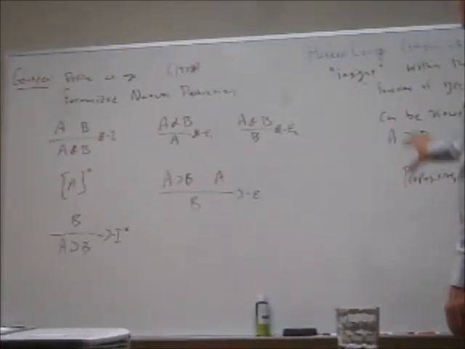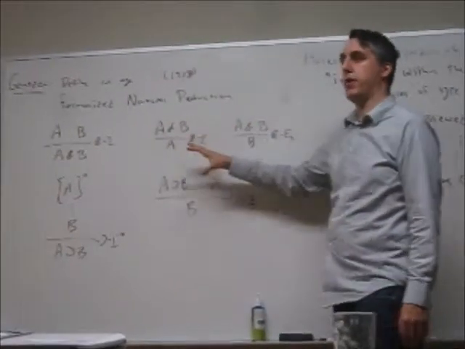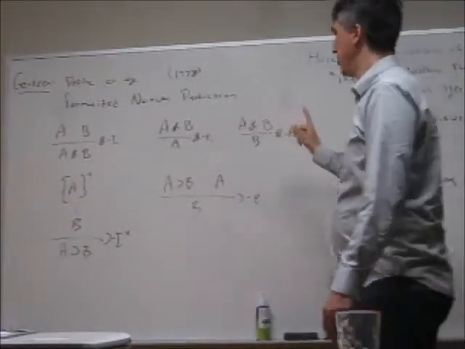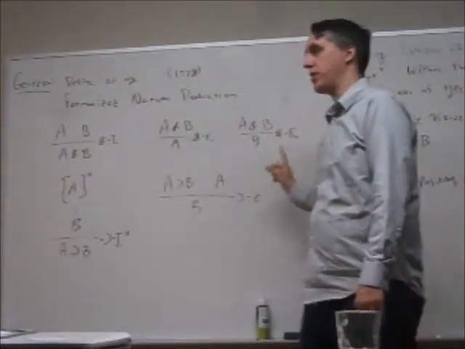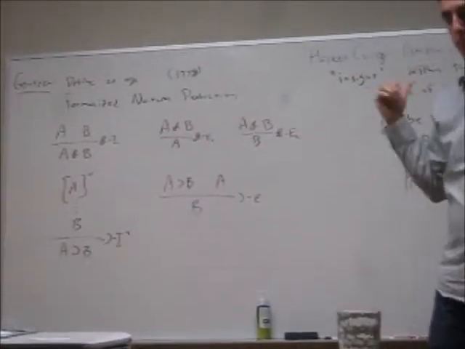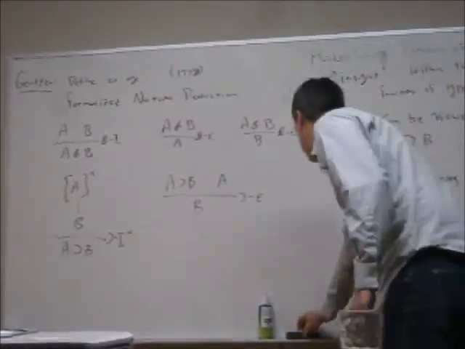So I don't know if Haskell Curry was reading Gentzen or not when he made this identification. And the reason I say that is because you can show that all of these rules actually are equivalent rules in the simply typed lambda calculus. And we'll do this in a second. We'll do this right now.